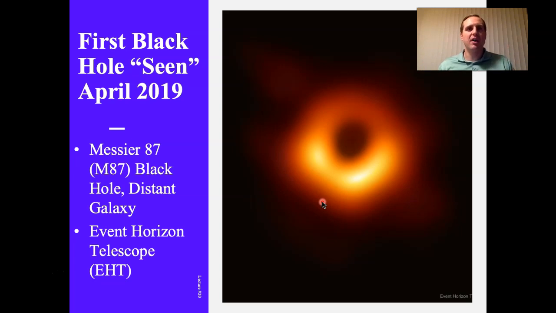They had to be synchronized. They had petabytes of data. And then basically, they were able to assemble this famous image and other images. Now notice, the event horizon is here. And then outside the black hole, there are radio waves of radiation passing by the black hole.